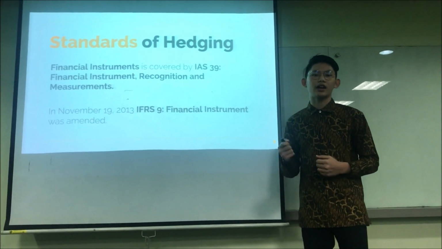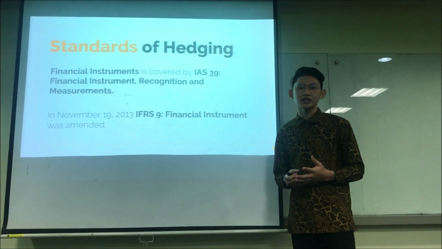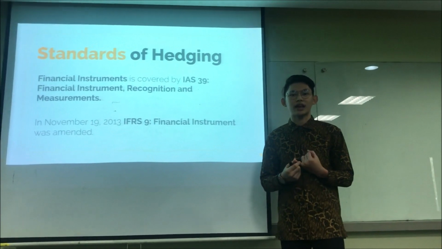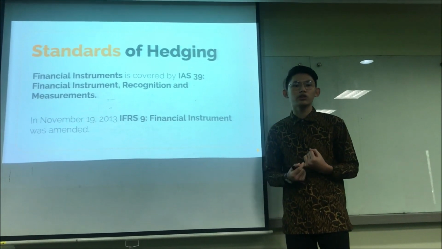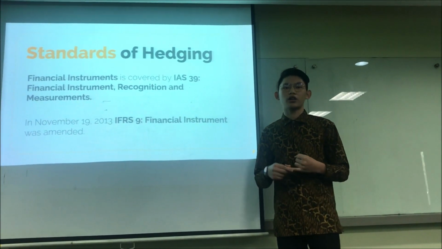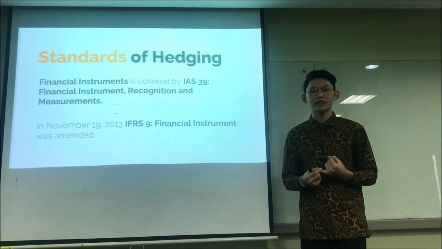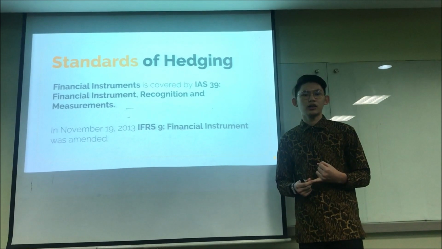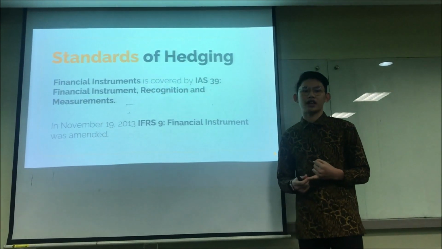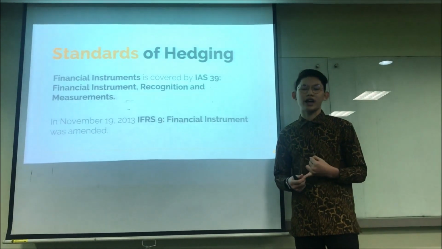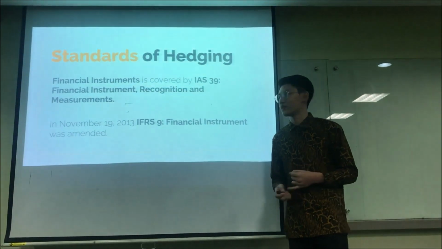Many companies that actively pursue hedging strategies could not apply hedge accounting in line with IAS 39 or PSAK 55 because the rules did not allow it. But on 19 November 2013, IFRS 9 or PSAK 71 was amended. So now we have 2 standards of hedge accounting, which are IAS 39 or PSAK 55 and IFRS 9 or PSAK 71.